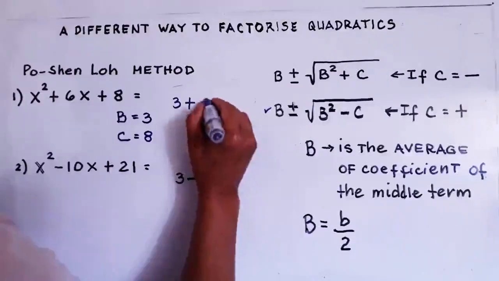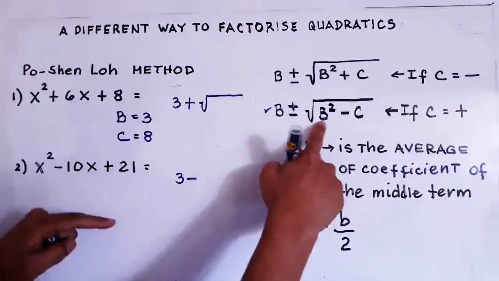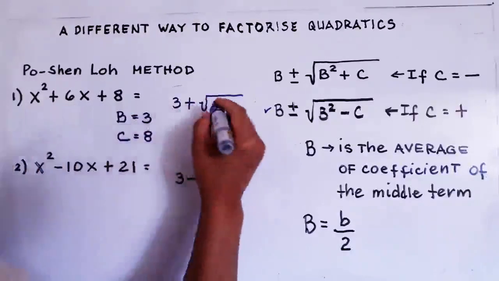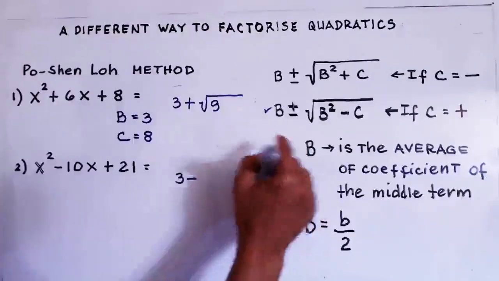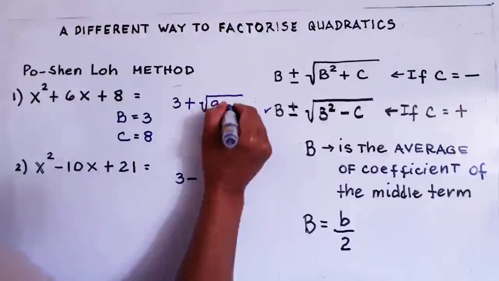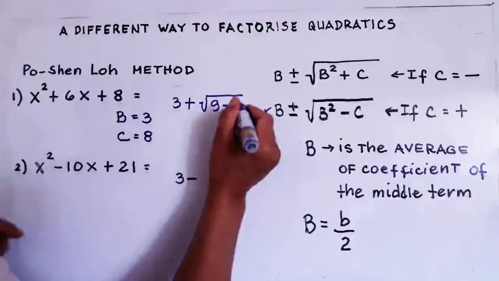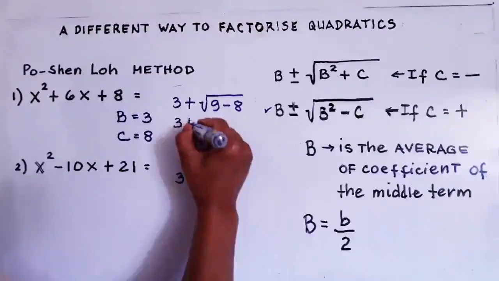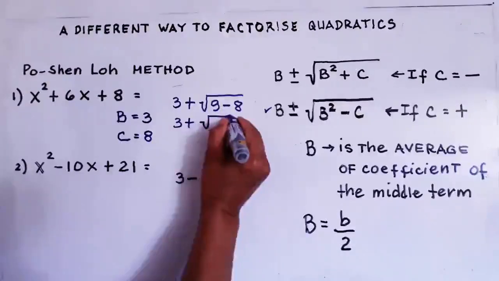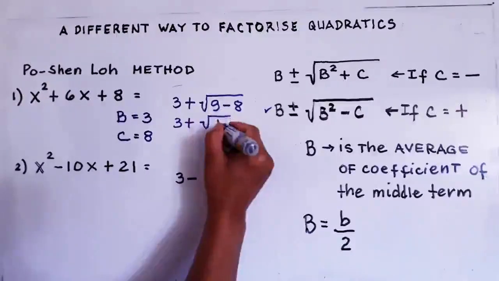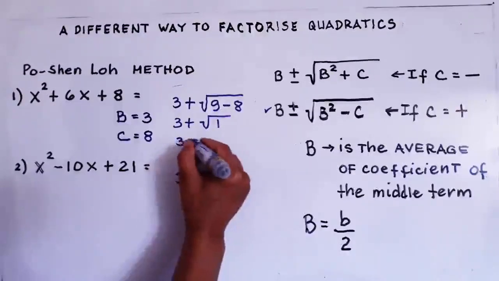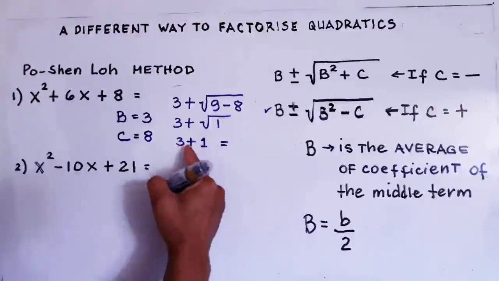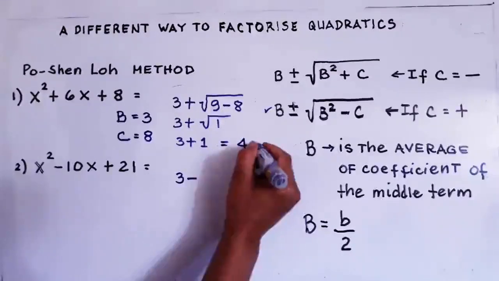Now we'll take the B squared. We square this one, that is the square of 3. 3 times 3 is 9, and then minus, and what is the c? The c is 8. So if we solve this, it is 3 plus the square root of 9 minus 8, which is 1. And what is the square root of 1? That is 1. So we add: 3 plus 1 is equal to 4.